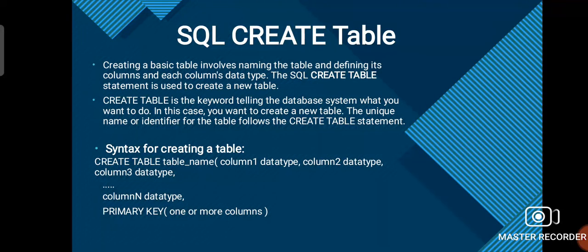For example, we can create the table customer with columns like customer name, customer ID, customer age, address, salary information, etc. We have to list out all those column names along with their data types. For example, for name we have to mention the data type as varchar, and for the numeric details, we have to mention the data type as number.